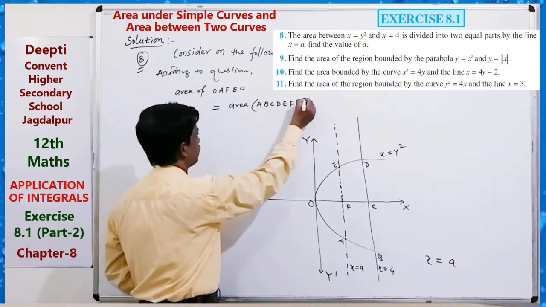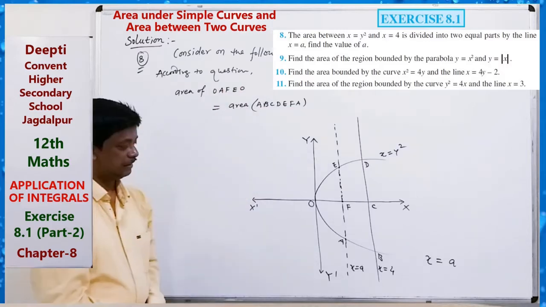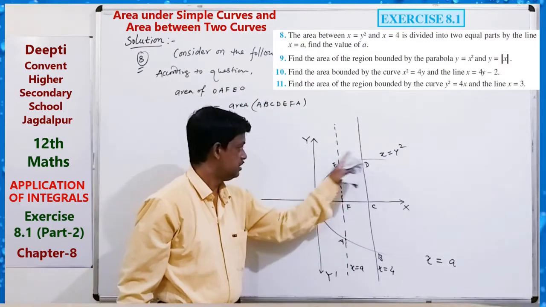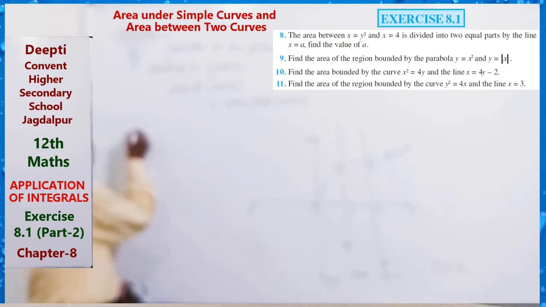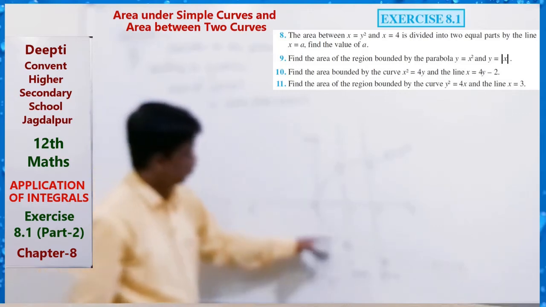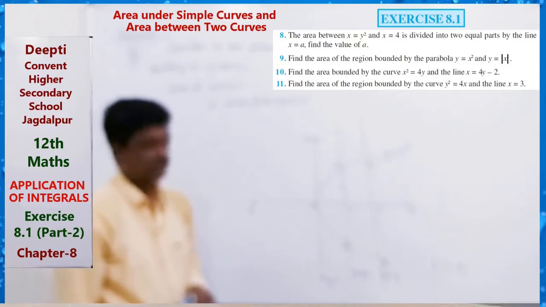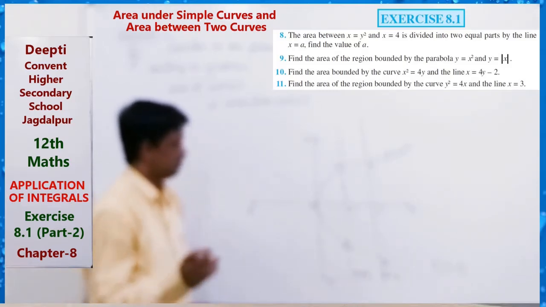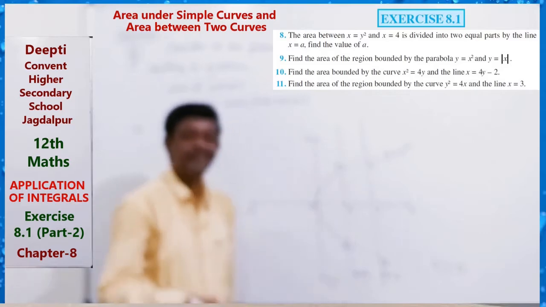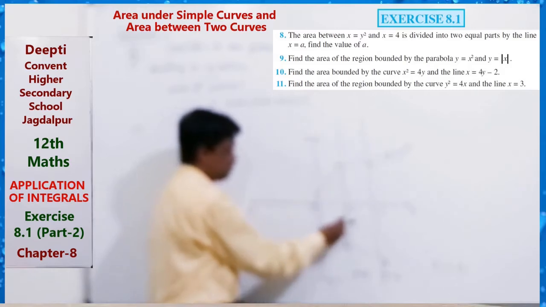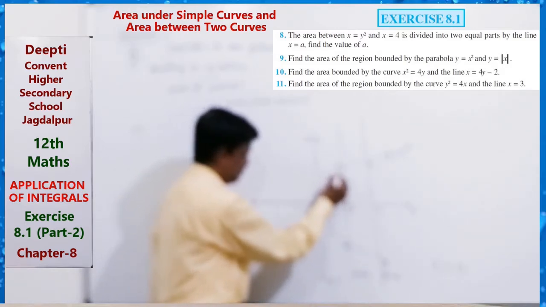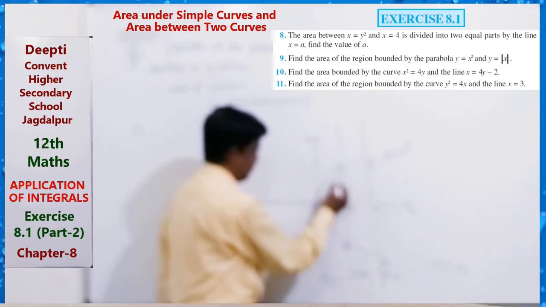Clear? This area ABCDEFA and this area are equal according to the question. This line divides, so area of OAFE, since the parabola is symmetric about the x-axis, the total area can be found by 2 times this area, by taking a strip.